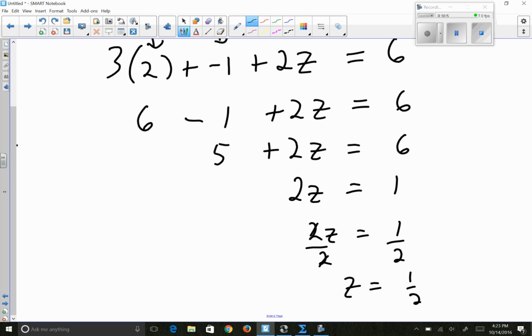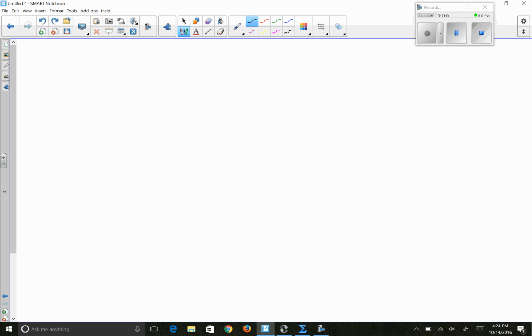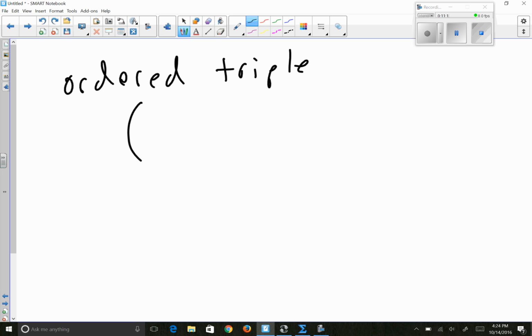We write the solution to a problem like this as an ordered triple. We call it an ordered triple, meaning we're going to make an open parentheses and we're going to write 3 numbers separated by commas in order, and it's going to be alphabetical order.